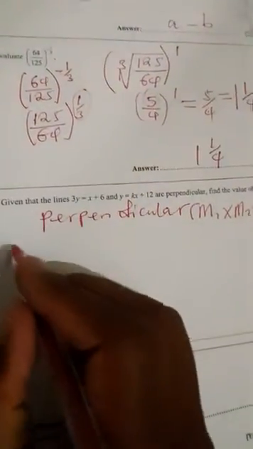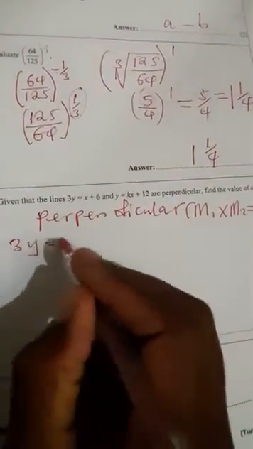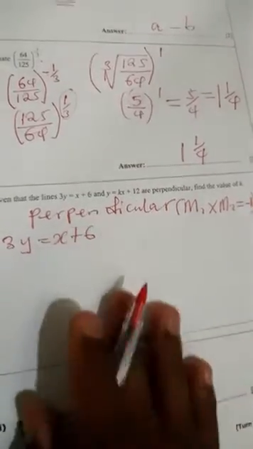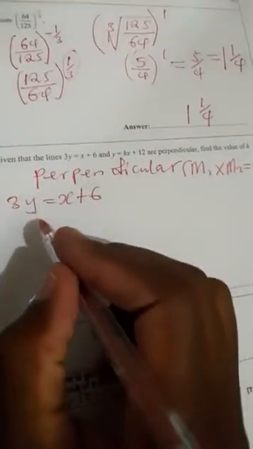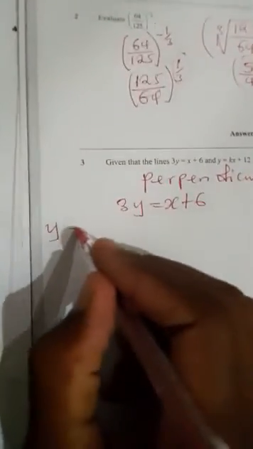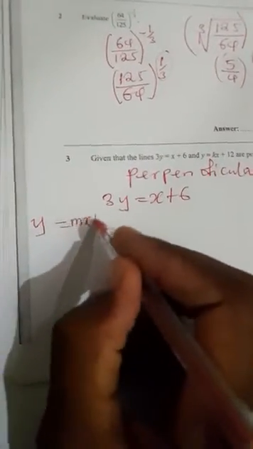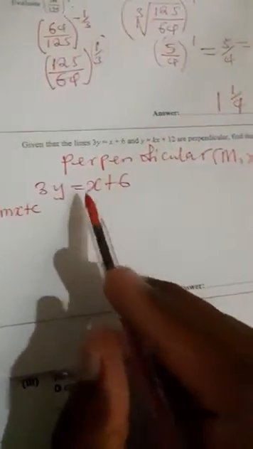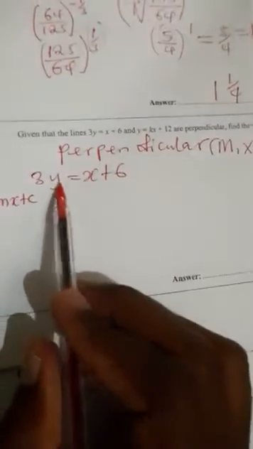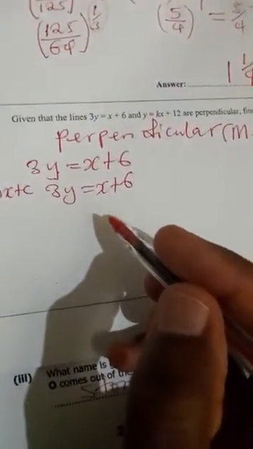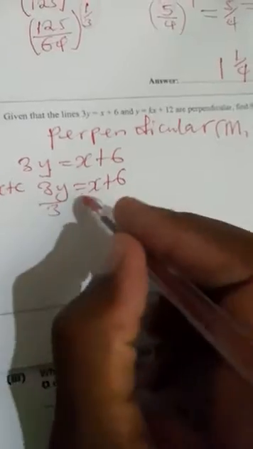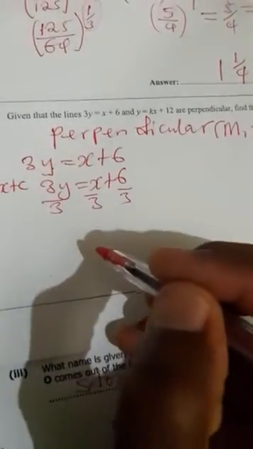So you just copy 3y is equal to x plus 6. Then you express it in y is equal to mx plus c. In other words, you make y the subject of the formula. So you say, okay, 3y is equal to x plus 6. Divide by 3, over 3, over 3.